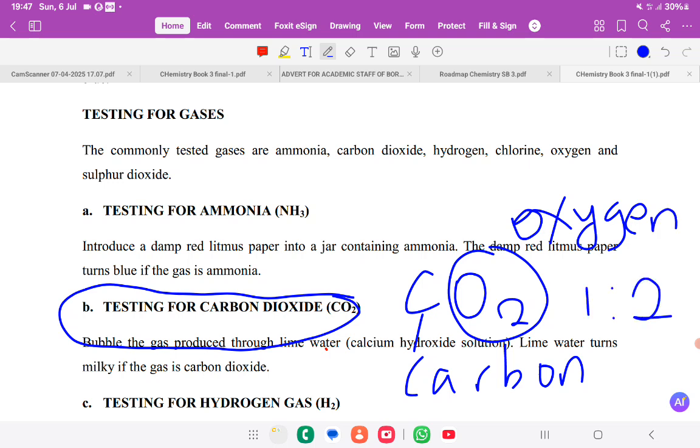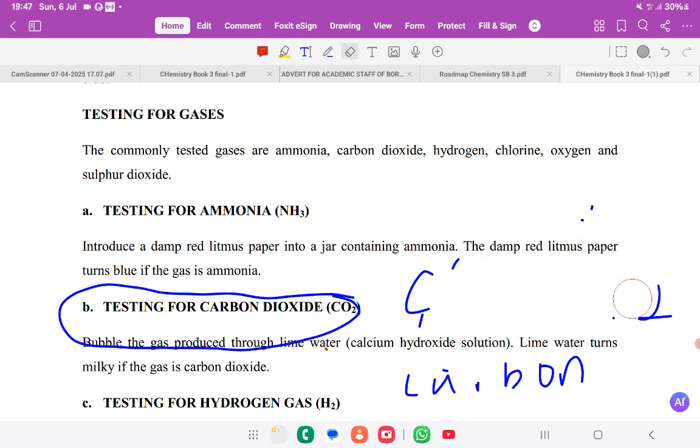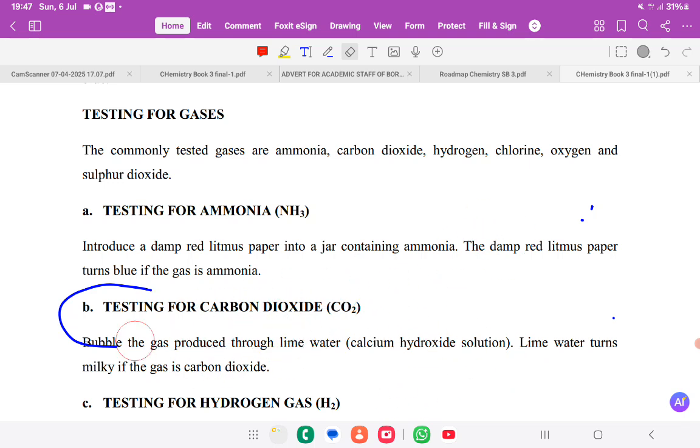In order to detect the presence of carbon dioxide gas, all you have to do is bubble the gas through lime water, which is calcium hydroxide solution.